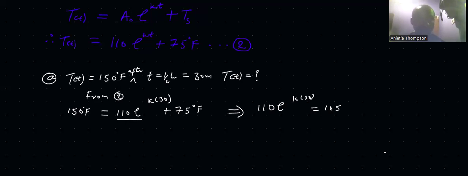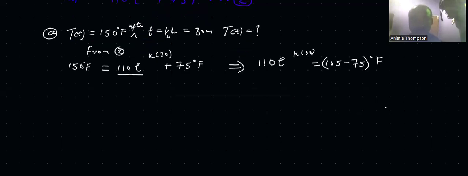Okay, so let's move on. So by this convention, we can have that 110 exponential 30k will be equal to 150 minus 75.